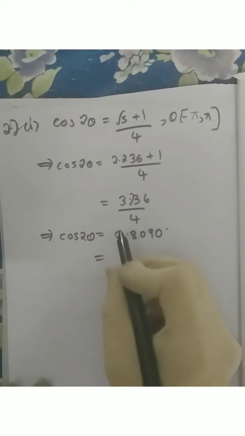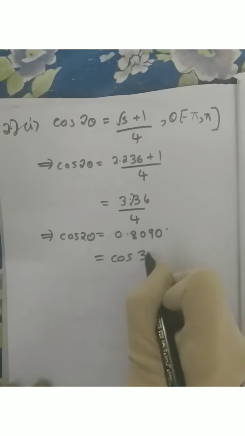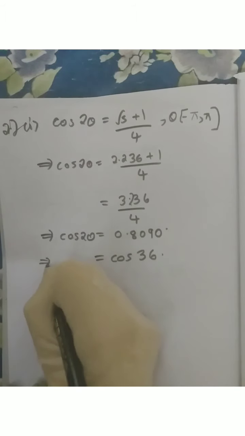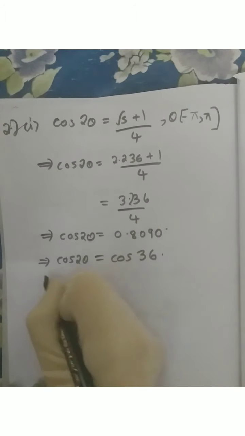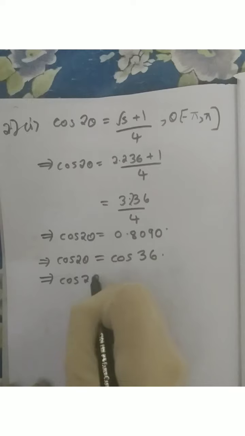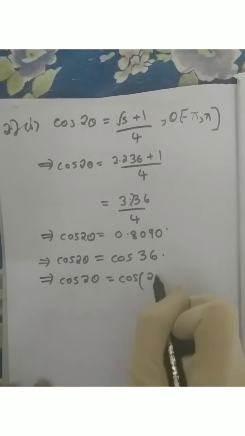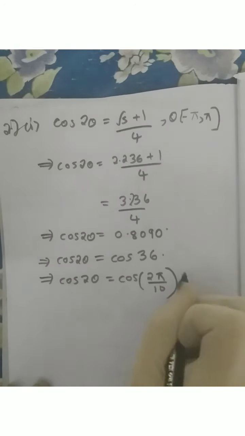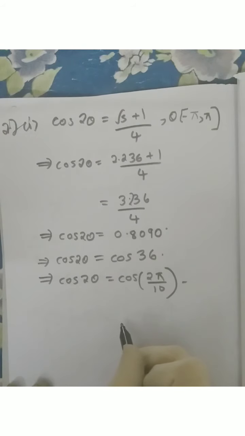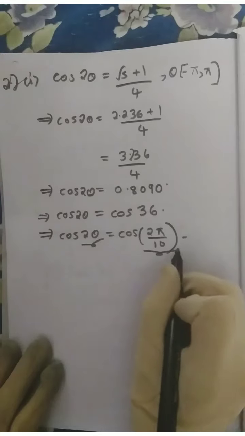So instead of 0.8090, I will write cos 36, and cos 36 in terms of radians, that is pi, can be written as cos 2 pi by 10. So here we got to know the value of theta is 2 pi by 10.